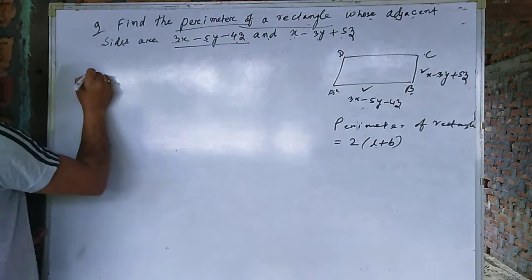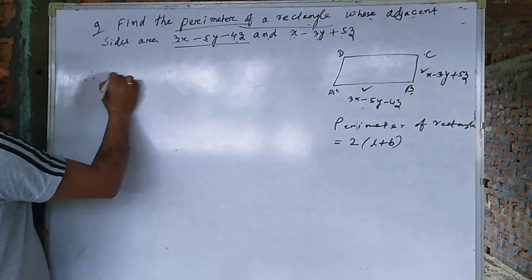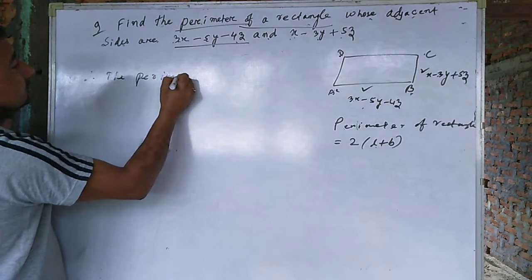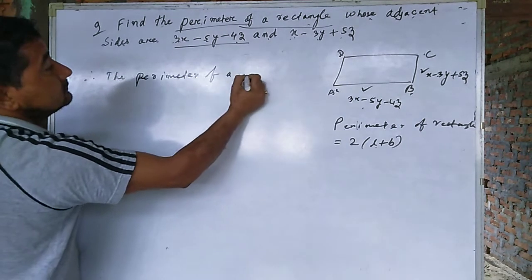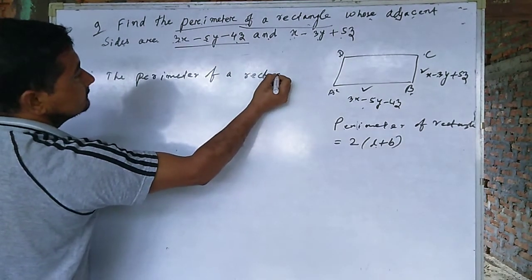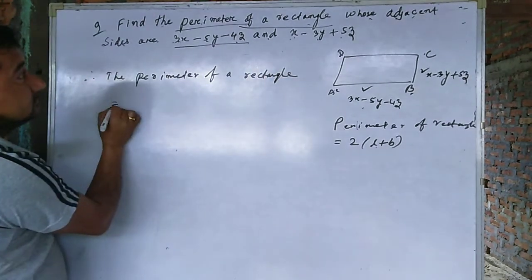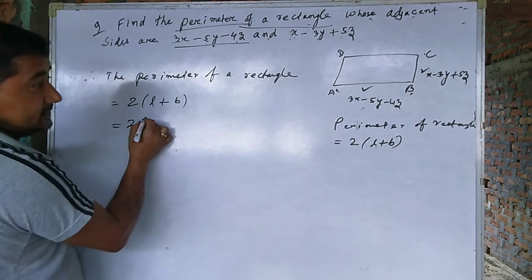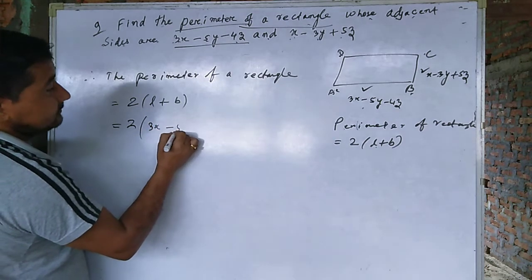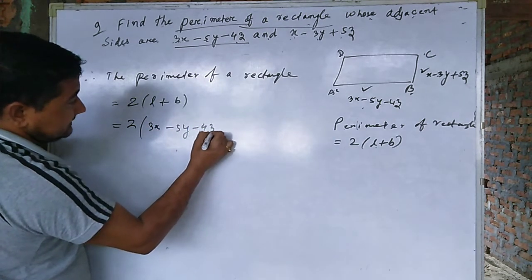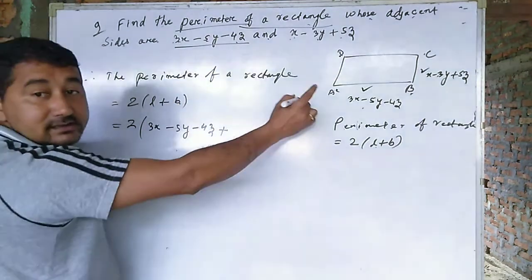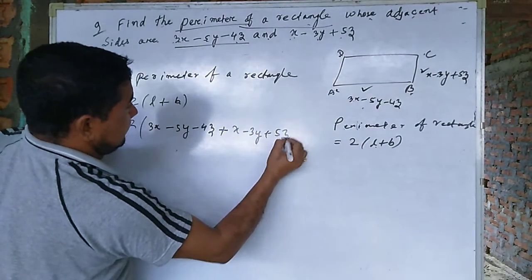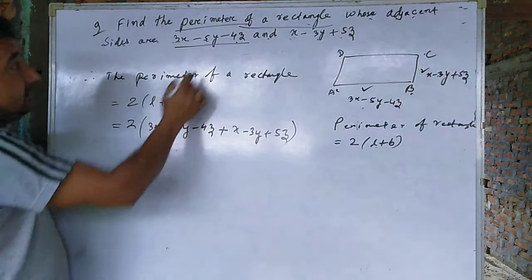Therefore, the perimeter of the rectangle is equal to 2 times L plus B. I am taking L as 3x minus 5y minus 4z, and plus B, how much? x minus 3y plus 5z. Understood? This is the L value, this one is B.